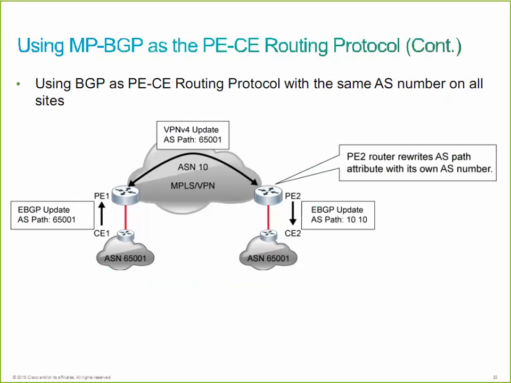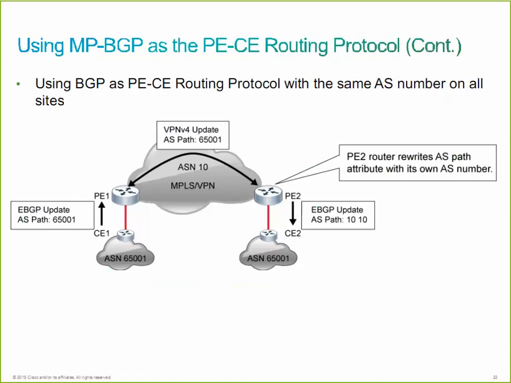MPBGP peers, when they're making their path selection or choosing a path, perform something called AS loop prevention. All right? And they do that by verifying whether the AS path attribute in the received update contains their own autonomous system number.